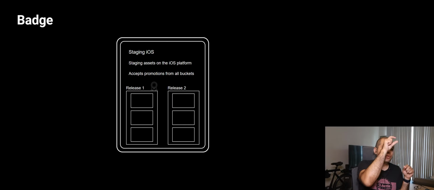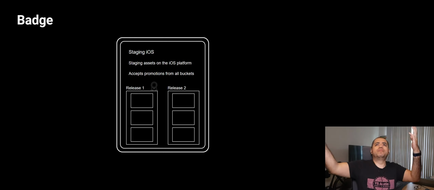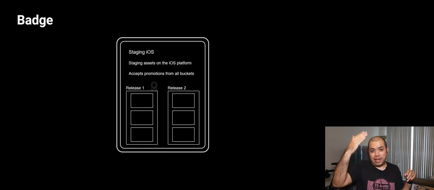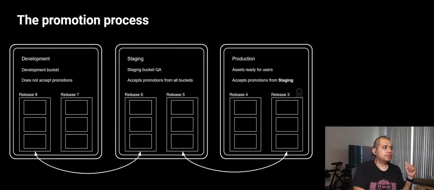You can say, okay, now the badge will go to release 2 or release 3 or as many releases as you have. The only condition is that one release can only be assigned to one badge. So from our game, when we request, oh, bring me whatever has the latest content, we can request the release with the badge latest assigned to it.